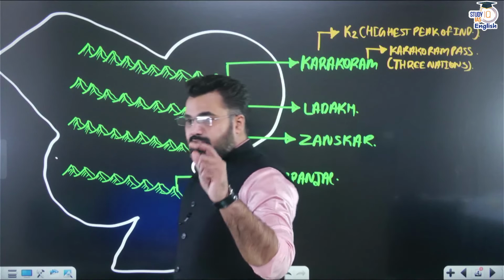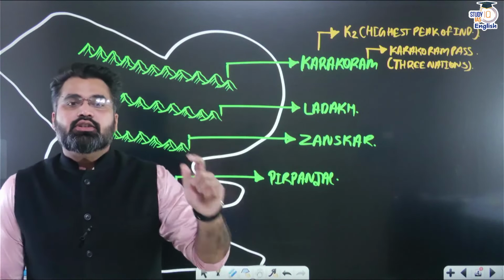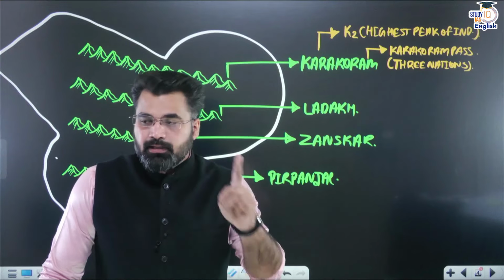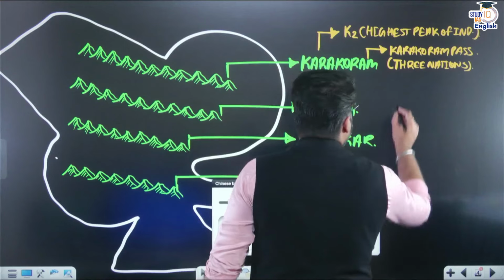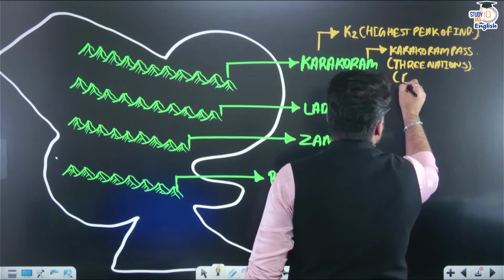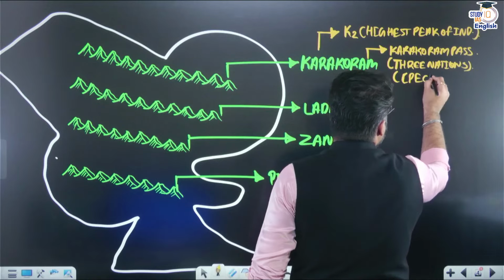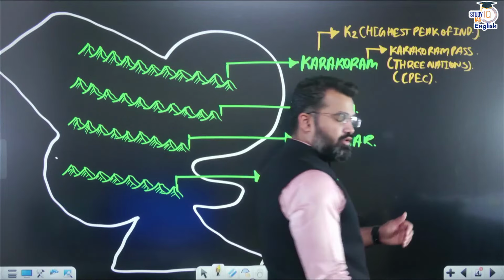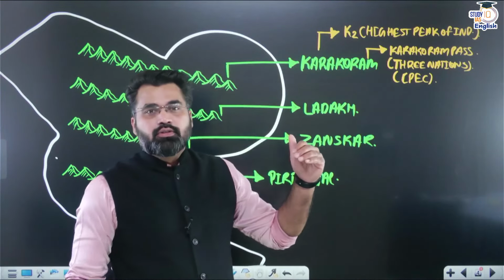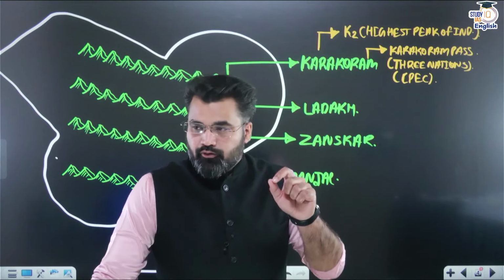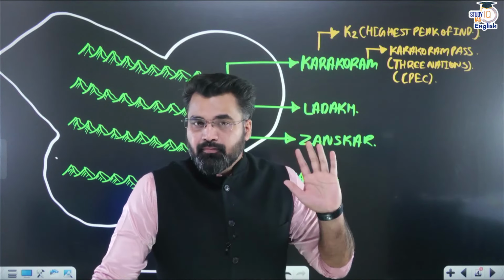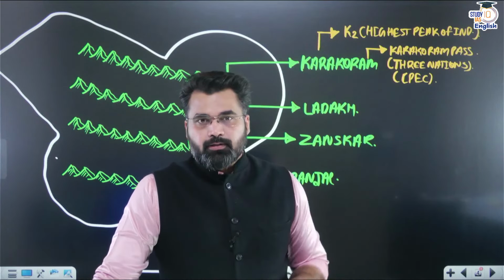So you can say this pass is in a tri-junction between three major nations. And let me tell you, the current effort in this part is actually CPEC, the China-Pakistan Economic Corridor, which is proposed to pass through this area. And if this happens, it will be a disastrous thing for India.